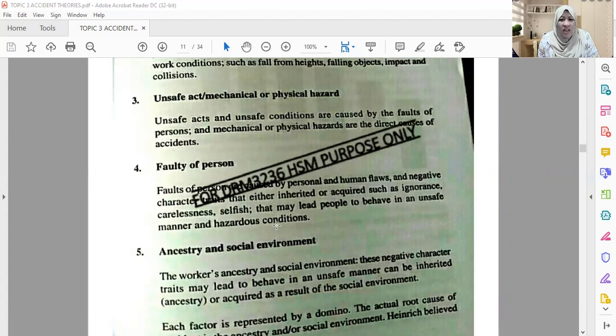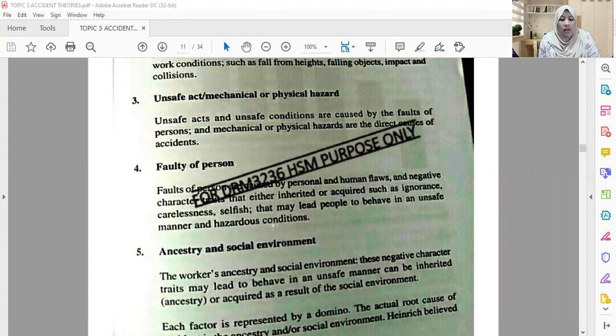And of course, to the person itself, okay, they are not taking the precautions on that. And then mechanical or physical hazard are the direct causes of the accident. It can be some of the machinery itself, maybe mechanical, okay, due to technical problem, and also physical hazard, okay.